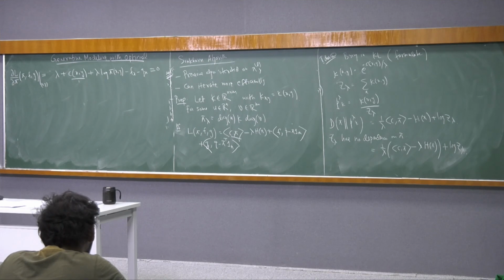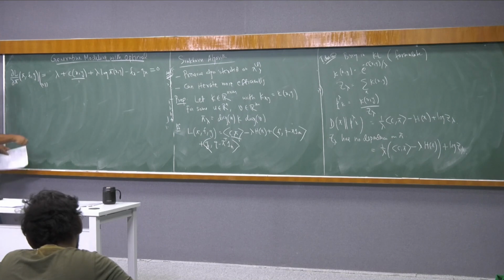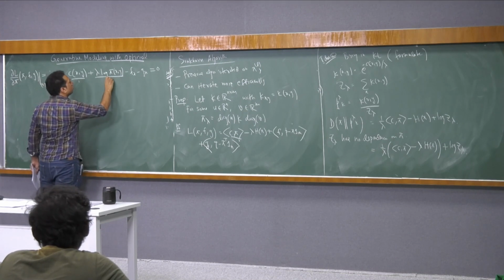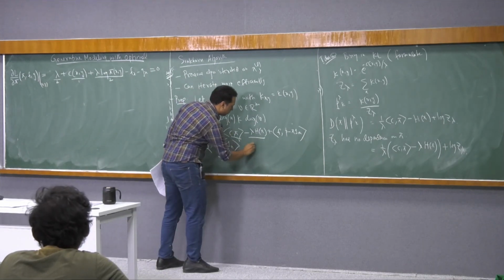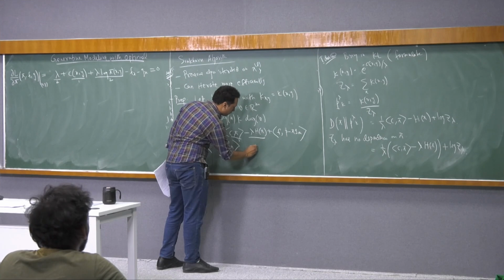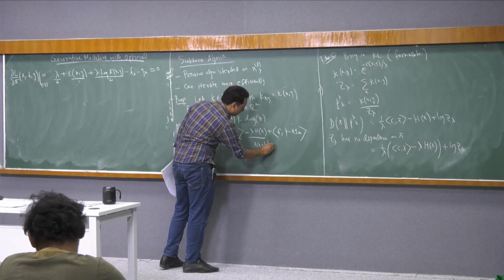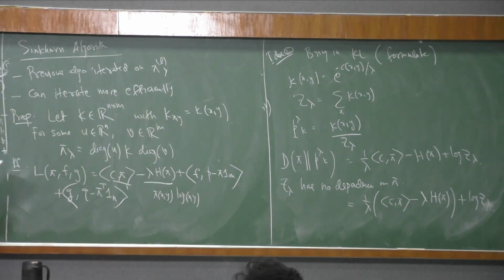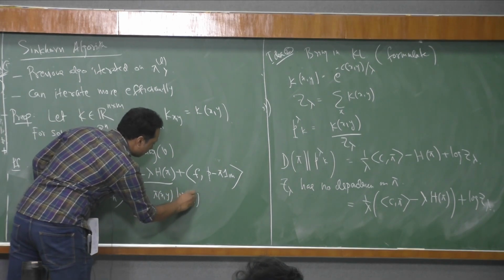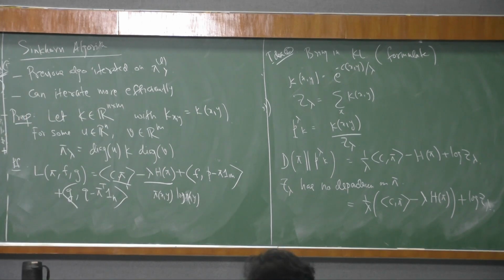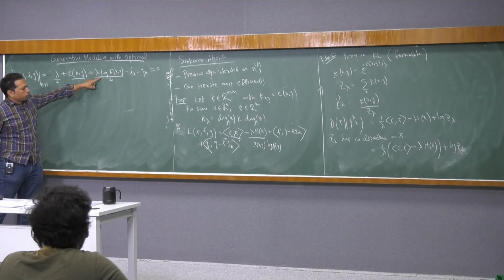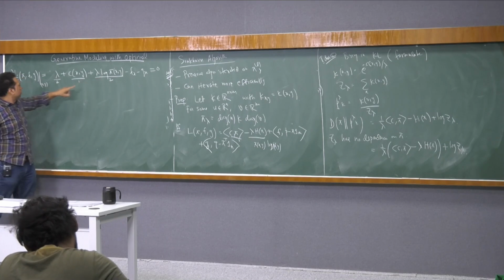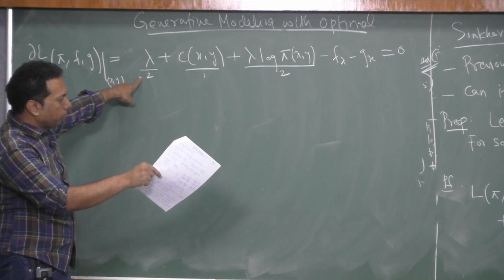Then the entropy term lambda h pi goes with this one. Just look at this term, pi xy log of pi xy. If I take a derivative with respect to pi, then we get log of pi xy, and the derivative of pi xy log pi xy gives the term lambda.